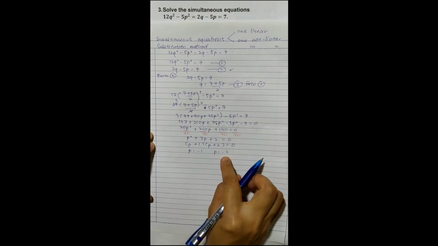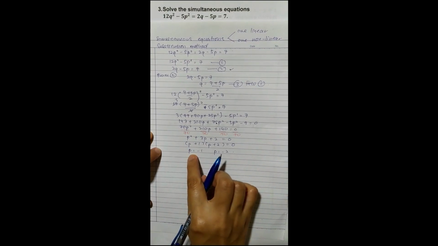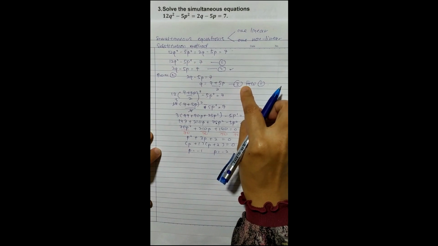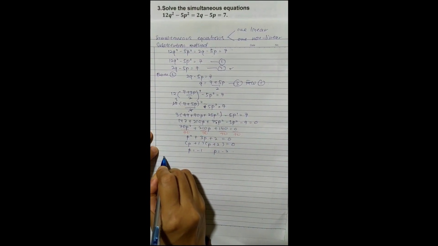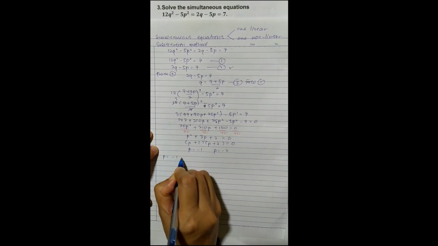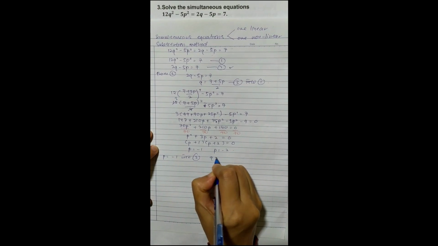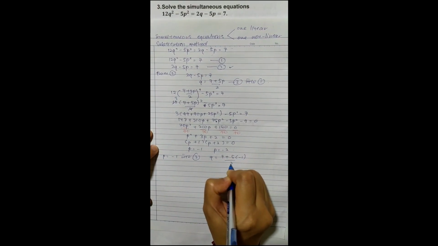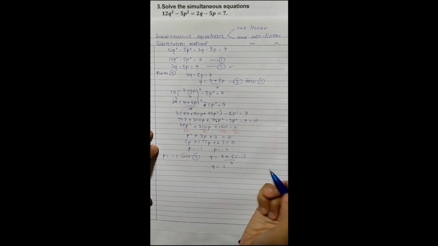Now we have two values of p, so of course we will get two values of q. These values of p we substitute into equation 3. So p equals negative 1 into 3: q equals 7 plus 5 times negative 1 over 2, which is q equals 1.